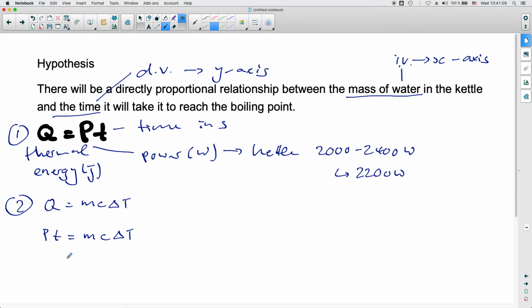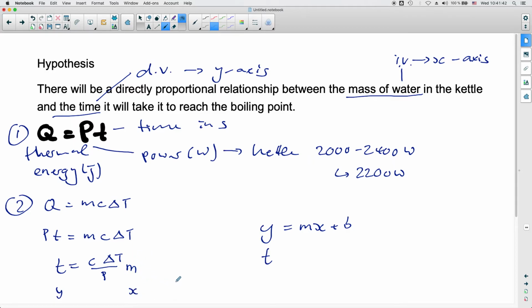So I want to have the time written here in the form y equals mx plus b. So the time is my y, therefore I can write t equals, well, to get rid of the P, my power, I need to divide this whole thing by P. And now I'm writing this in a slightly different manner, so that here is my y value and my x is my mass.